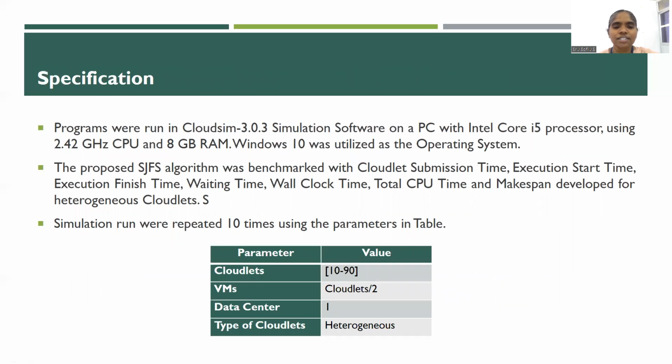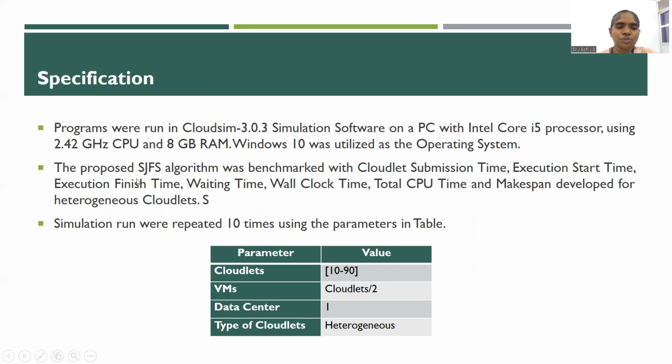And I have tested this some 100 times. I have taken some random cloudlets and tested in the CloudSim tool. So this is the basic configuration. I have used CloudSim 3.0.3 simulation software, and I have used a Core i5 processor, and this is the configuration of the system where I have tested my algorithm.